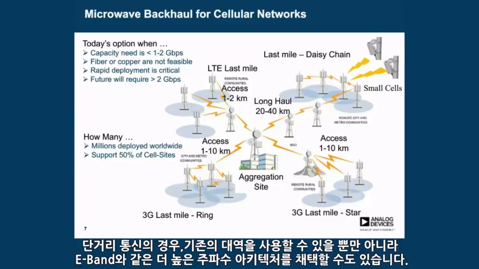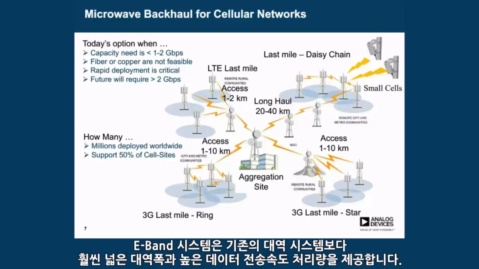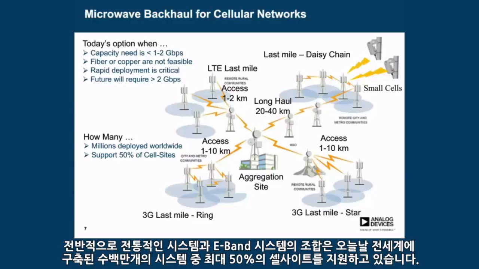For the shorter hauls, traditional band can also be used, as well as the higher frequency architectures like E-band. The E-band systems provide much wider bandwidth and a higher data rate throughput than the traditional band systems. Overall, the combination of traditional and E-band microwave systems support up to 50% of cell sites currently, with millions of these systems deployed across the world to date.